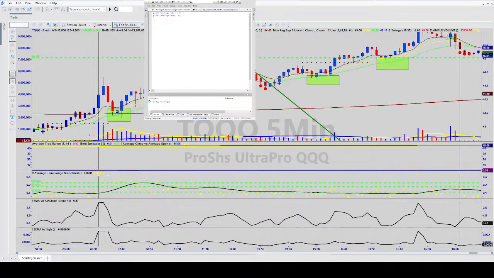All right, we need it to be on its own subgraph. 1, 2, 3, 4, 5.